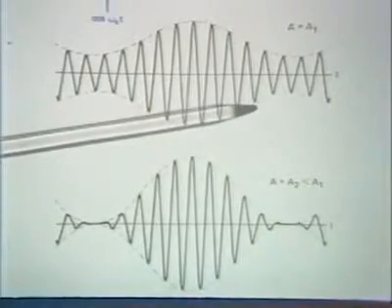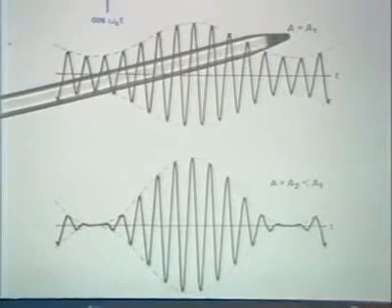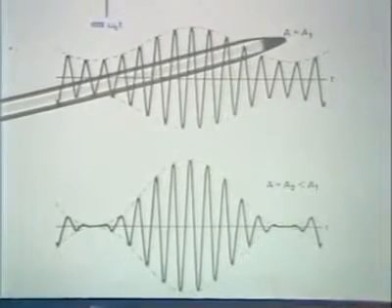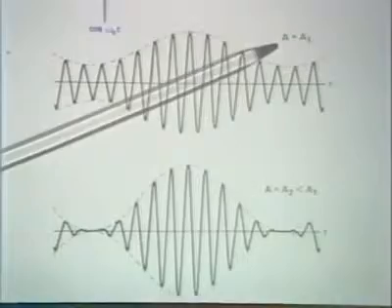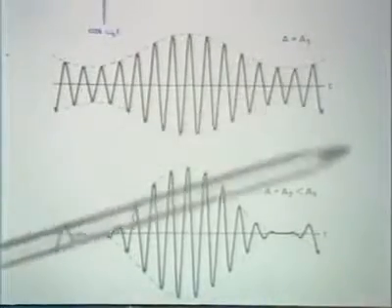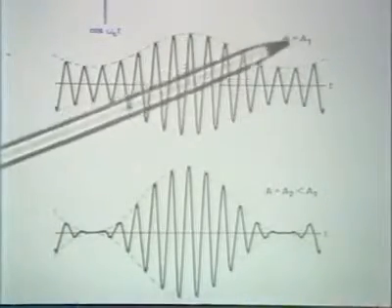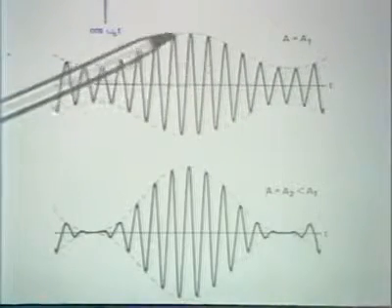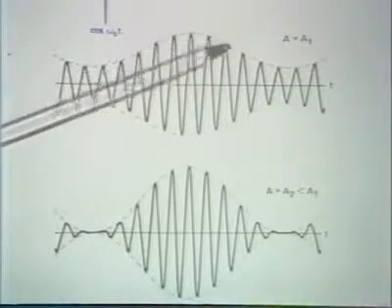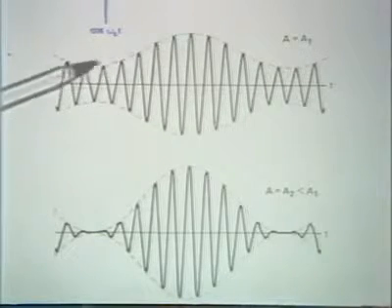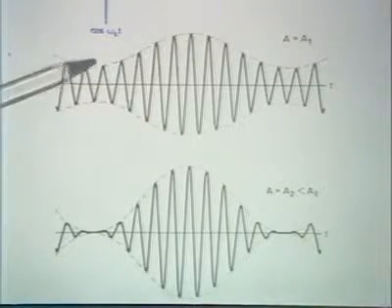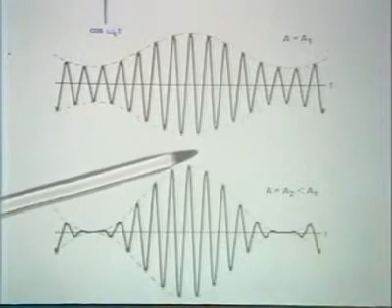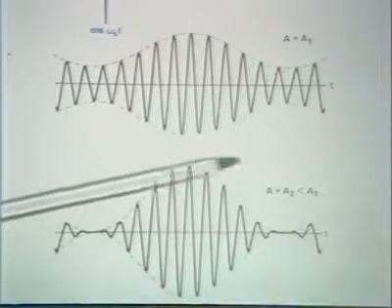For example, if A is large in relation to the amplitude of the signal, then this envelope tends to be very flat, and it tends to be easy to track it with that simple diode RC circuit, as compared with the case down here.